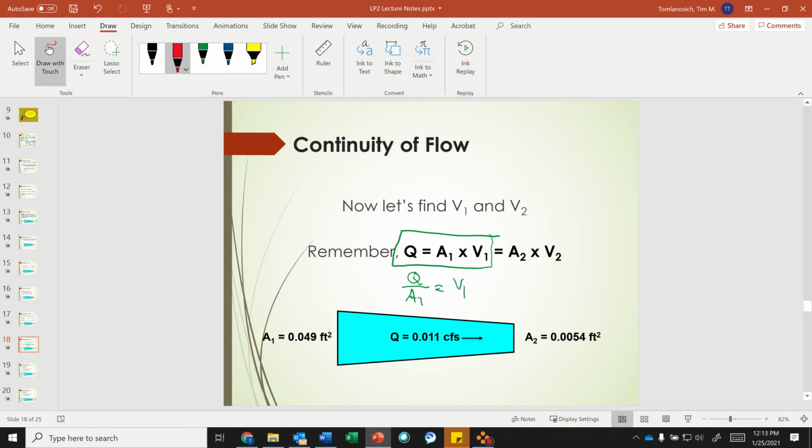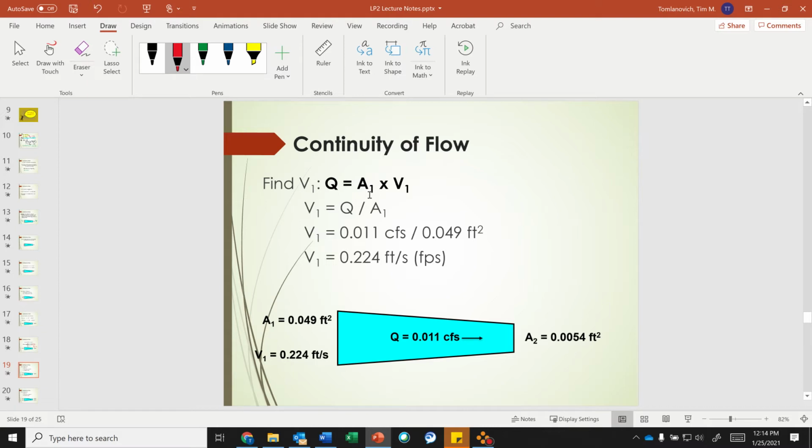Then we take Q equals A2 times V2, because Q is constant no matter what. So we take Q divided by A2, and that'll give me V2. So the velocity is changing. Velocity is getting larger because the area is getting smaller.